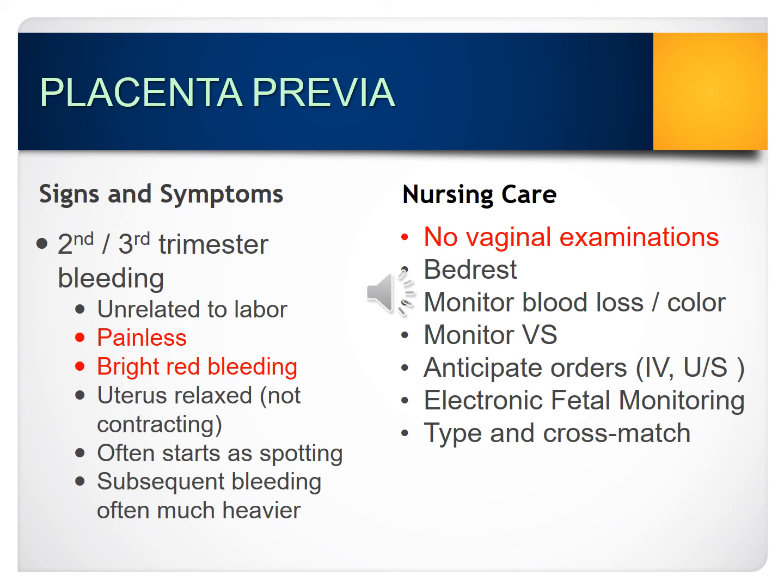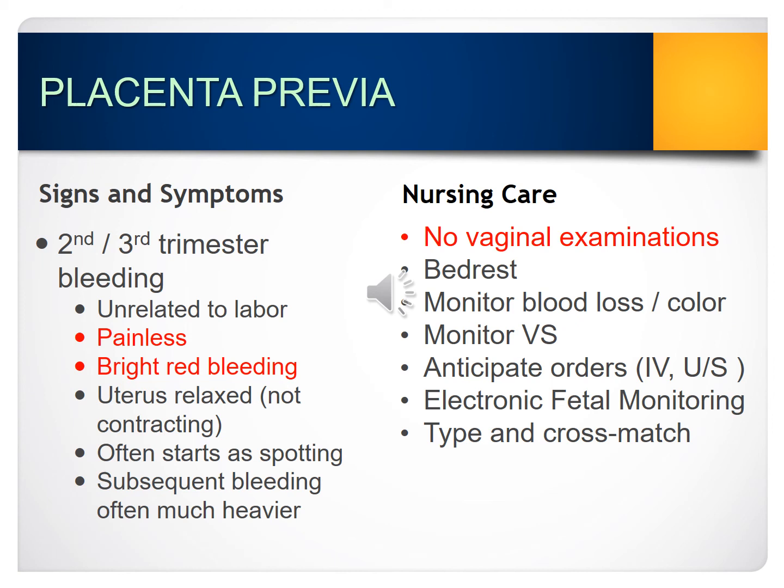Placenta previa can be classified as total previa, meaning that the placenta is covering the internal cervical os. It can be partial, where half of it is covering the os. Marginal, where a smaller portion of the placenta is covering the cervix. And then it could just be lying low, not touching the cervix, but lying in the lower segment of the uterus and not in the upper fundus area.